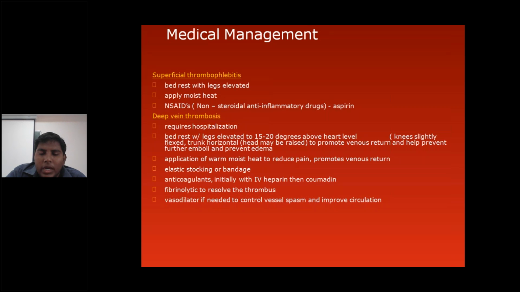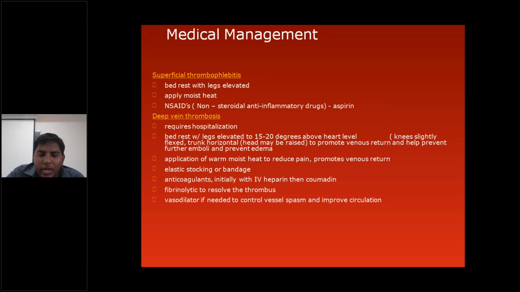So instead of acting as an anticoagulant, it acts as a procoagulant. So you need to administer it along with heparin in the early stages, and after a few days you could switch to Coumadin.